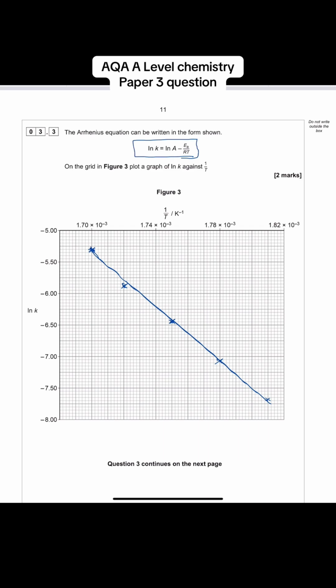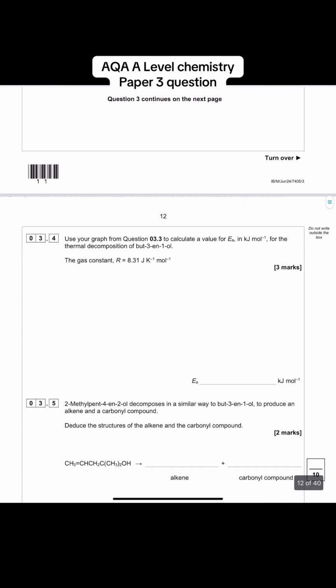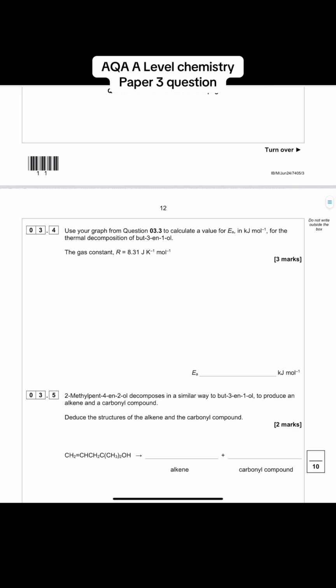As we know, we plot the natural logarithm of the rate constant on the y-axis and then 1 over T on the x-axis. Now they want you to use your graph from this question to calculate the value for the activation energy in kilojoules per mole for the thermal decomposition of that compound.